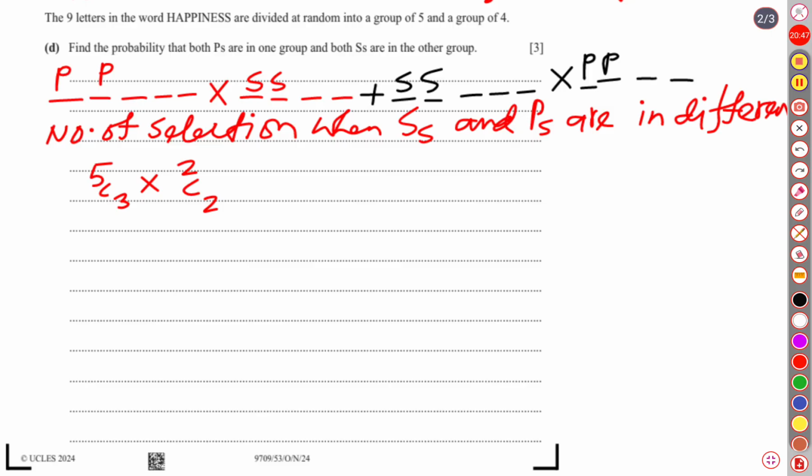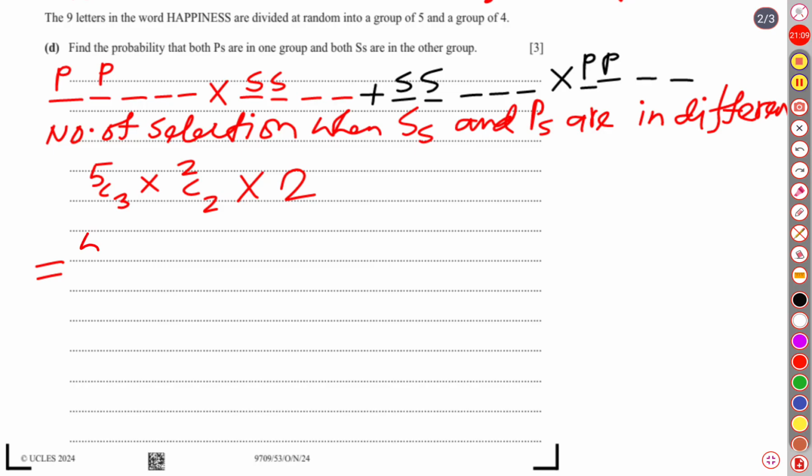So that means both of the cases are identical. That's why we don't need to write it twice. We just multiply. It is actually 2 times. If it is repeated, we can simply multiply this by 2.